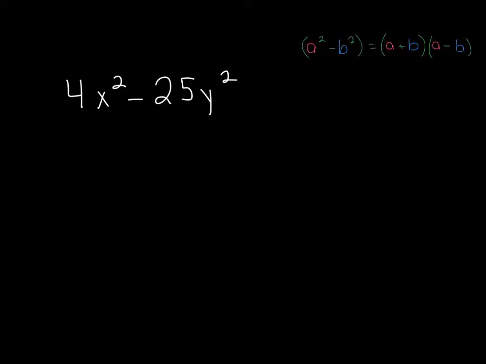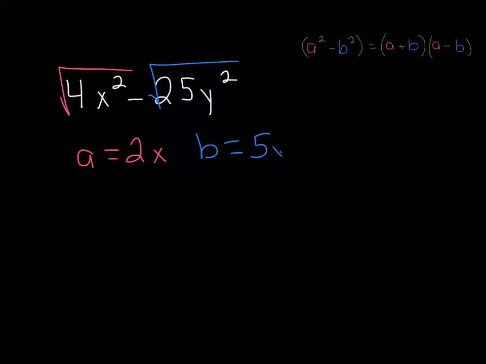Okay, let's factor this next one. Take the square root of the first term to give us A. So square root of 4x squared would be 2x. Take the square root of this term to give us B, and that would be 5y.